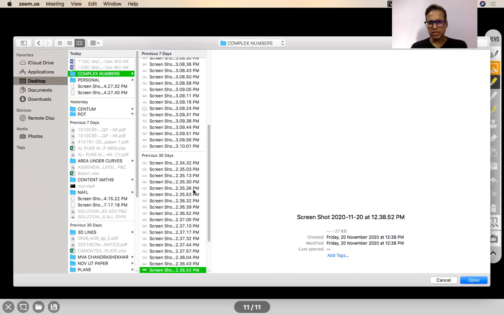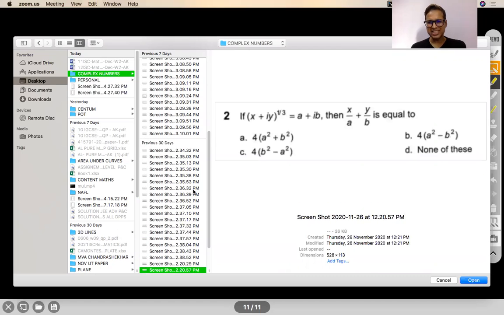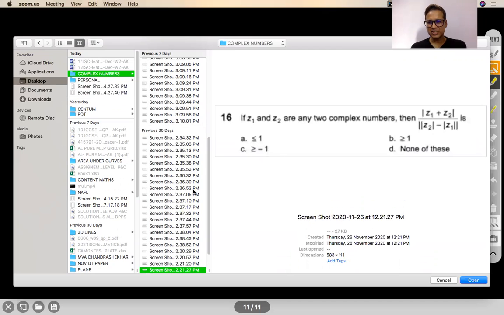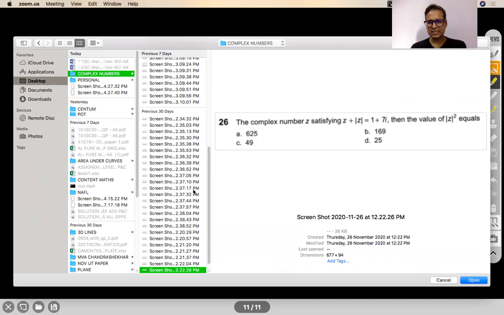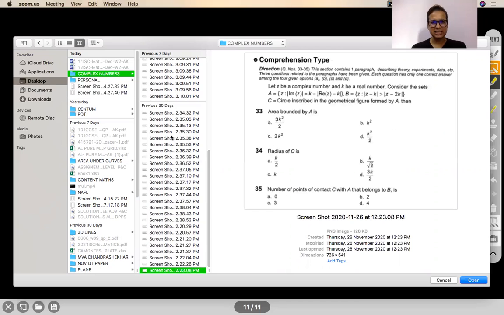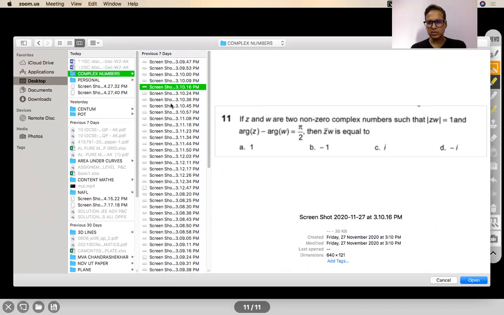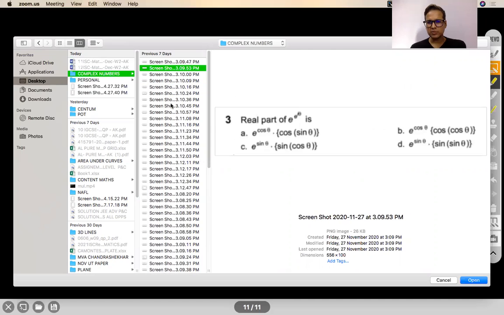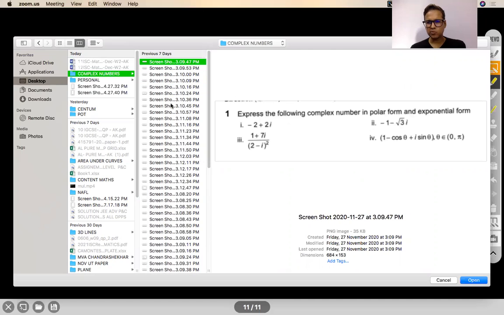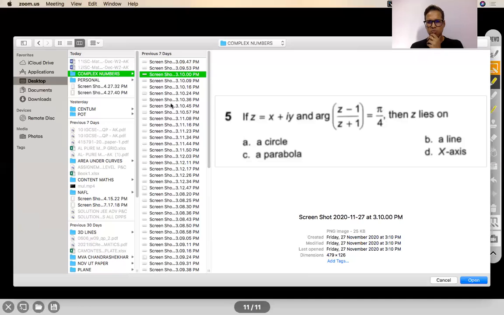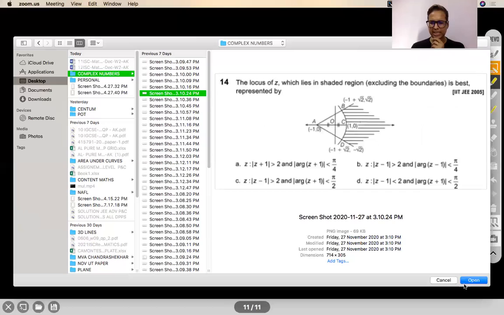They all look to be the slightly difficult ones. Right now I'm not able to see any simple question for you to solve. So let me give a few from my side.